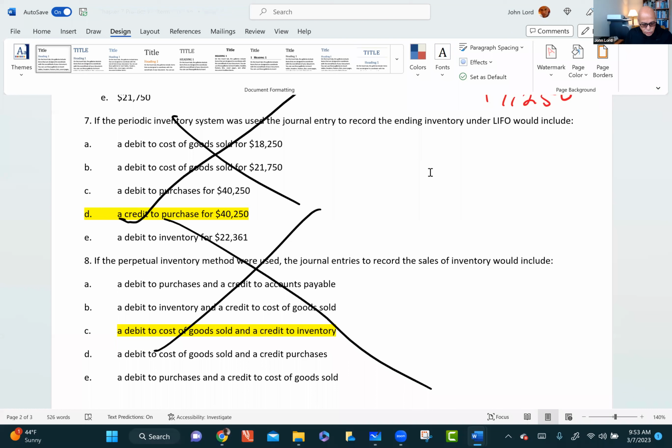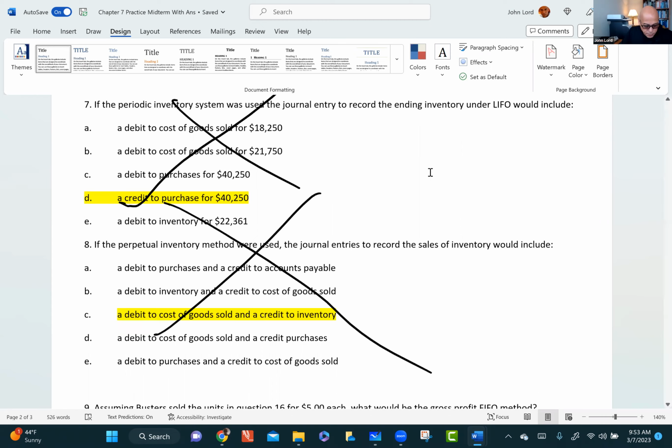I'm not going to ask you any journal entry questions for chapter 7 with inventory. I will ask you journal entry questions for chapter 6 material, and we're going to get into that when we start to look at the practice midterms that I pointed out to you at the beginning of class. But for LIFO, FIFO, weighted average, I'm not going to move that forward into a journal entry discussion.